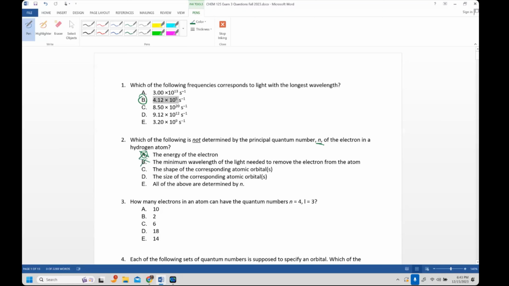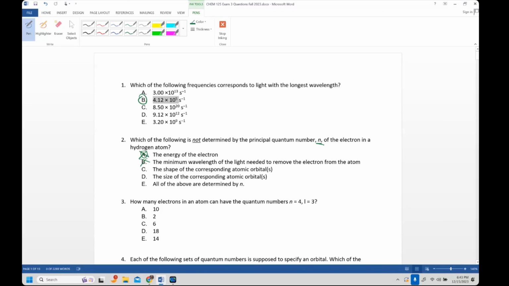The shape of the corresponding atomic orbital. That isn't determined directly, but you can have some insight into it, because if it's an s orbital, p orbital, d orbital, f orbital, our principal quantum number doesn't tell us that exactly. And also the size of the corresponding orbital.